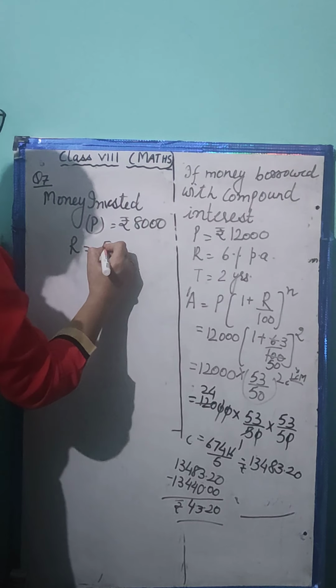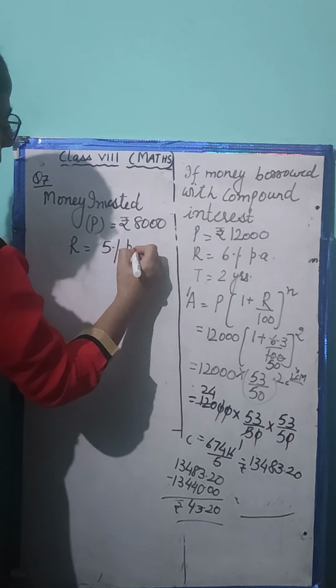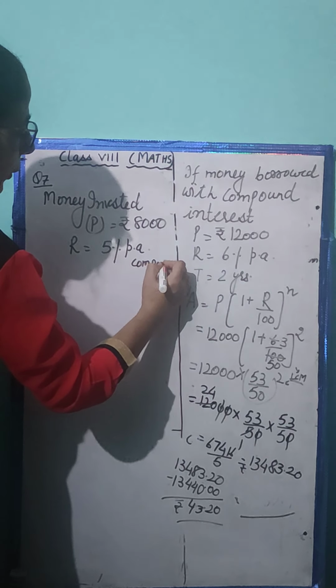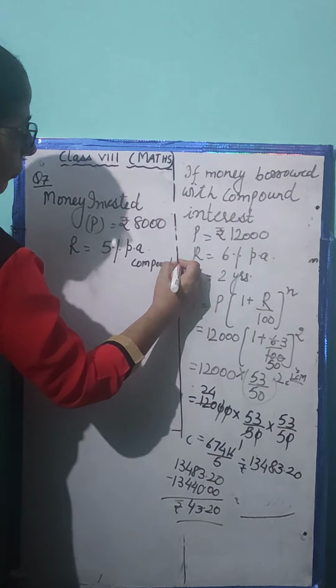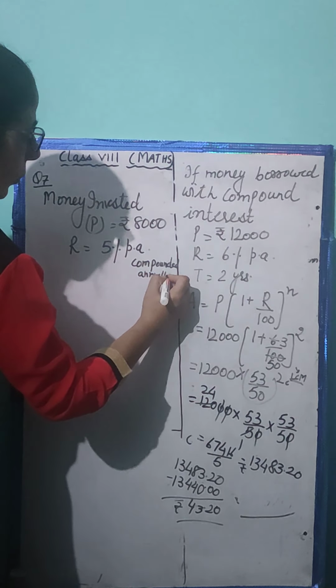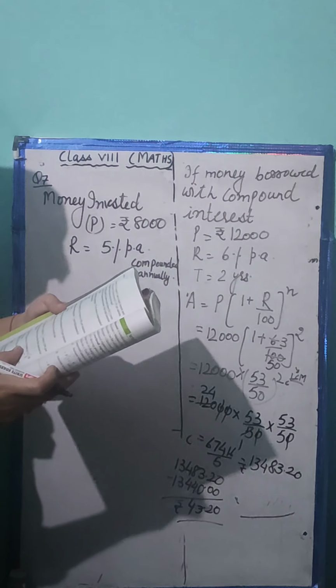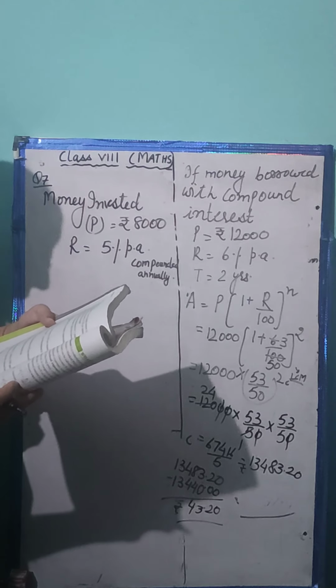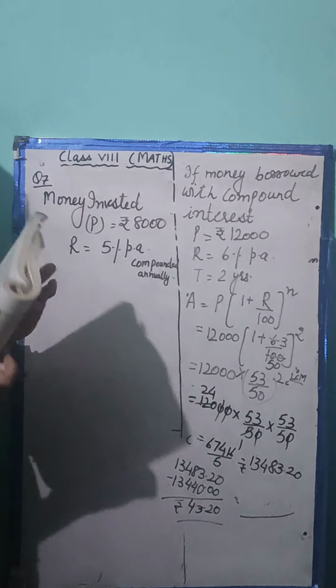The rate is 5% per annum, and this is compounded annually. Compounded annually means we have to find compound interest, right? And we have to find the amount credited against her name at the end of 2nd year.